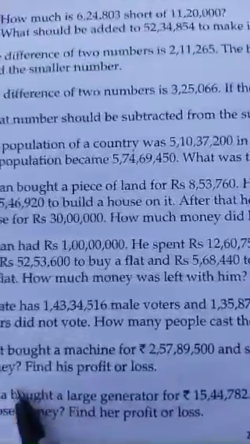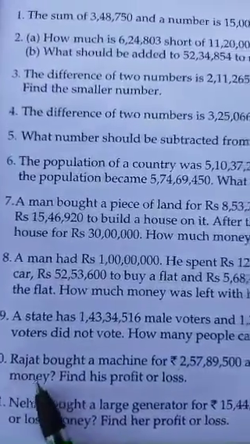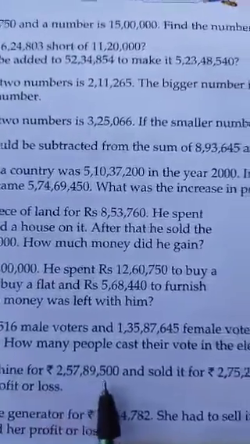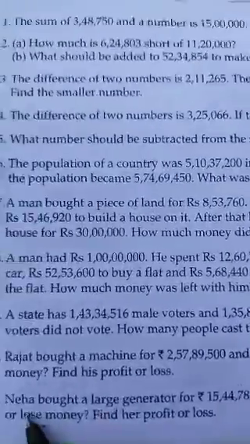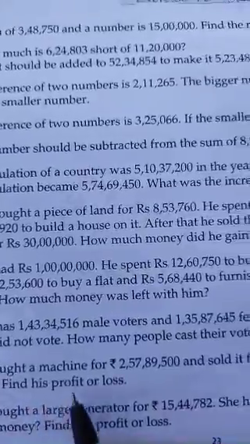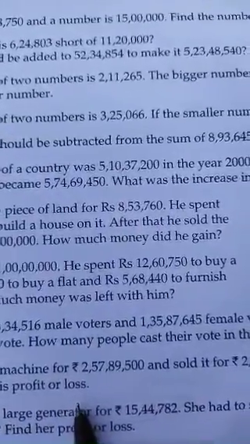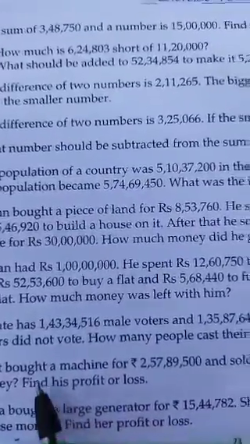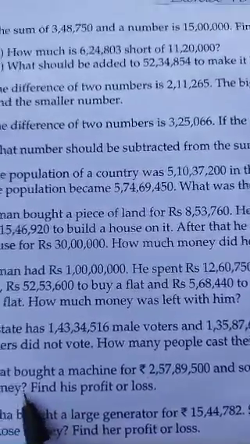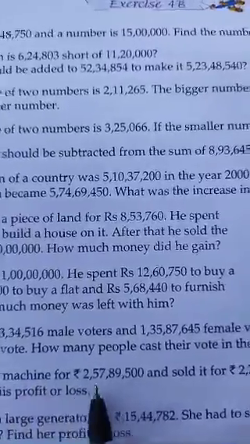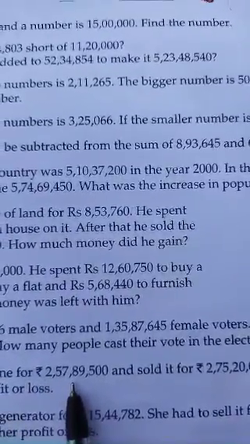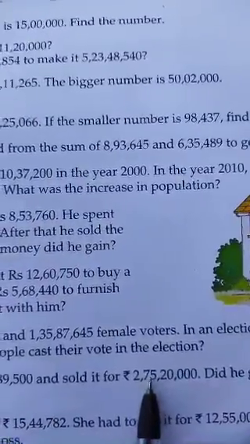Now coming on to question number 10. Rajat bought a machine for rupees this much and sold it for rupees this much. Did he gain or lose money? Find his profit or loss. By seeing this you can understand he bought a machine for this much rupees and sold it for rupees this much.